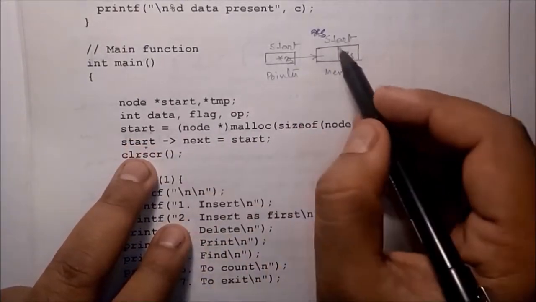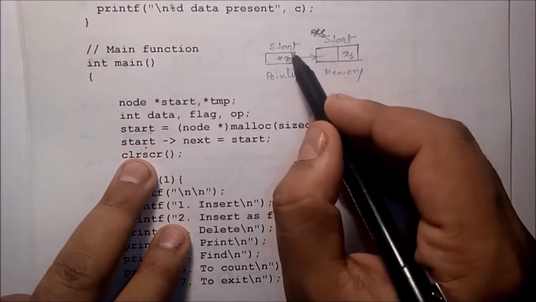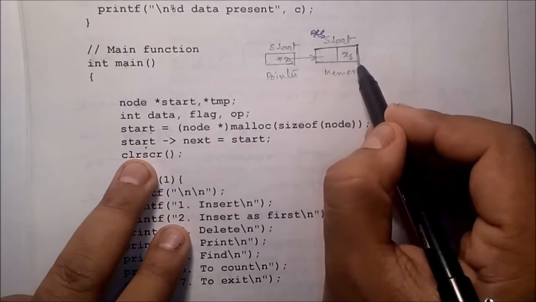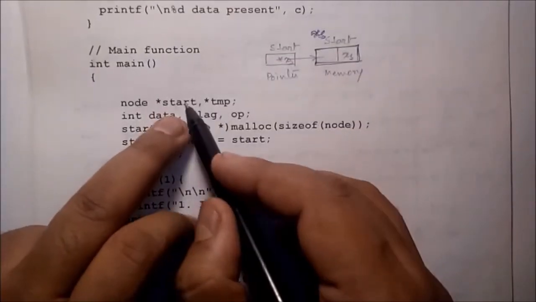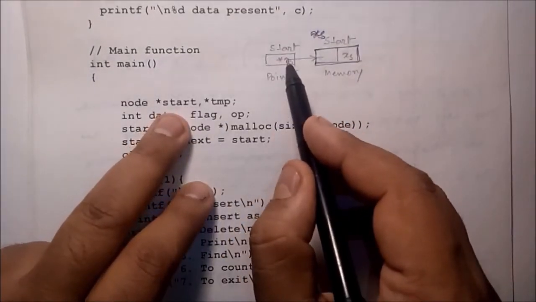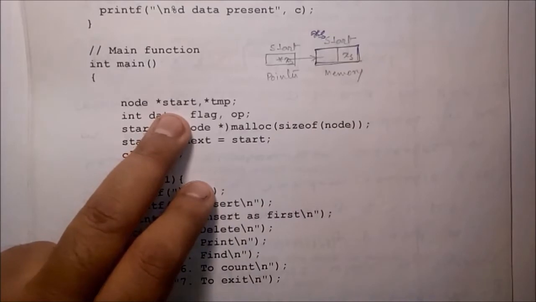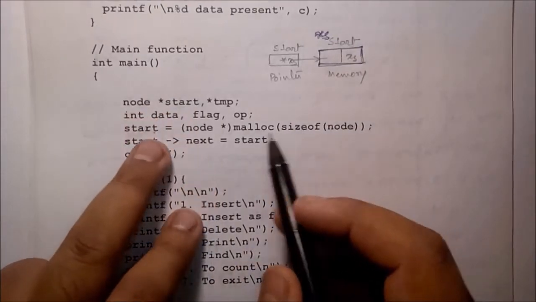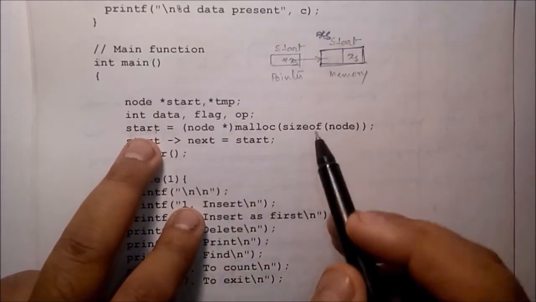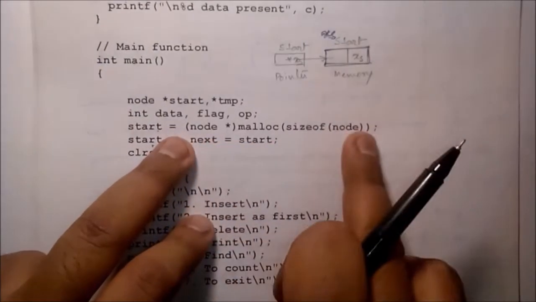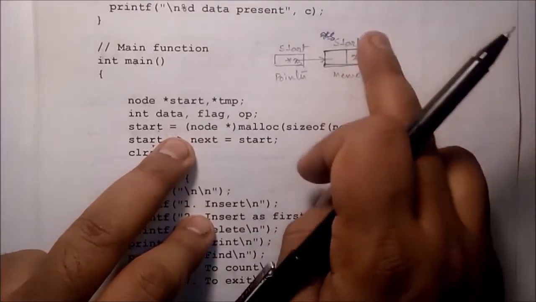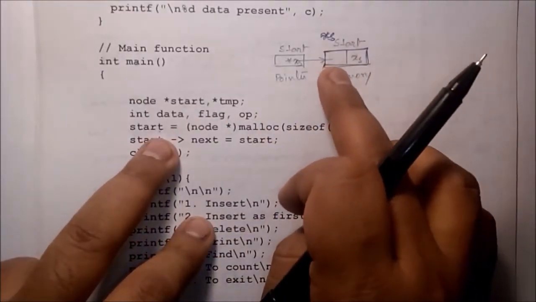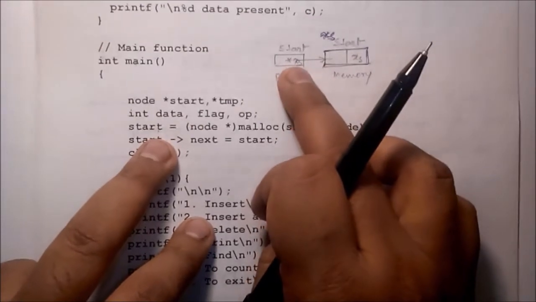Now start next. From now on we use this particular portion as start, but practically start is a pointer type where you store the address of the node type, and node is a structure. Using this statement we create one memory portion, and the equal to means the address of this memory portion is stored in start.